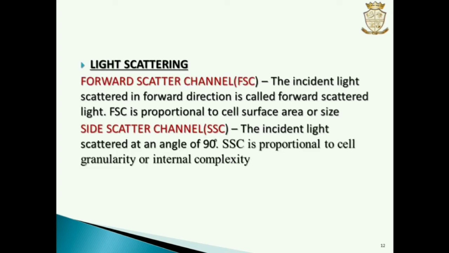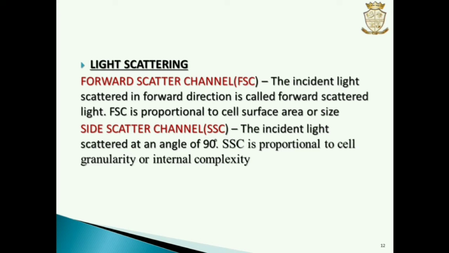Light scattering in flow cytometer is mainly two types: forward scatter channel and side scatter channel. Forward scatter channel or FSC, the incident light scattered in forward direction is called forward scattered light.